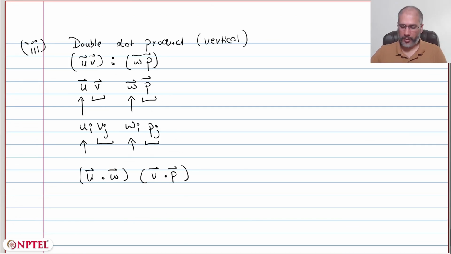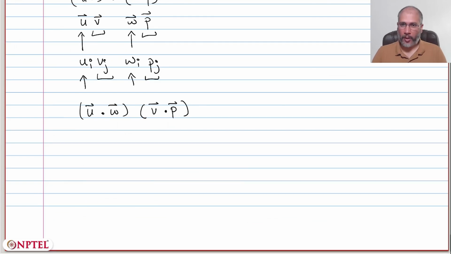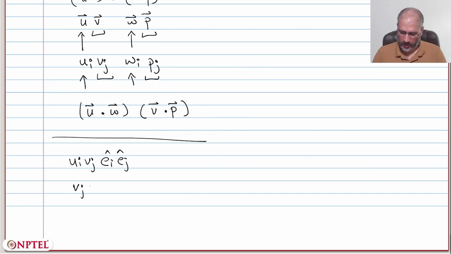Now just one more thing before we close this lecture today. The ordering of scalar components in the indicial notation does not matter. What I mean to say is that Ui Vj, the scalar components, times Ei Ej, I can also write this as Vj Ui Ei Ej, because these are simply scalar components in this representation.